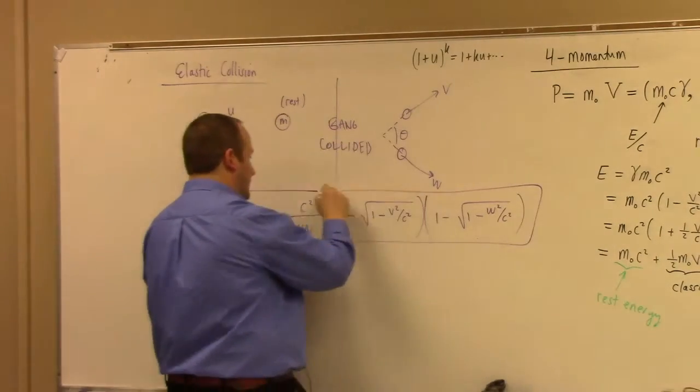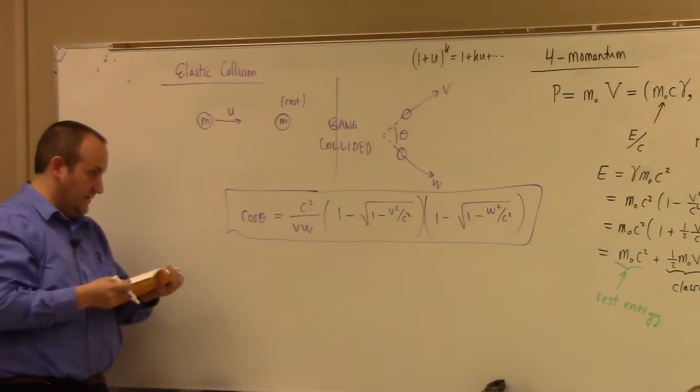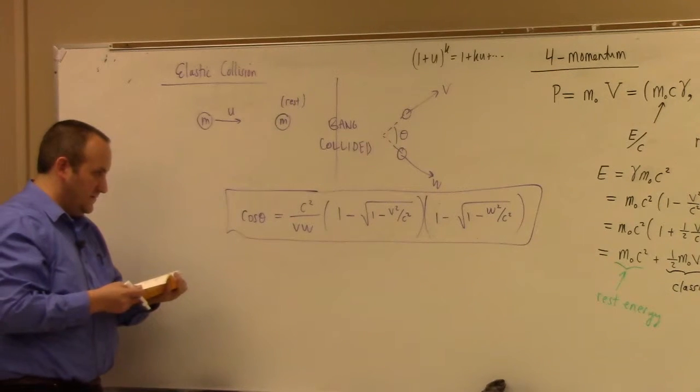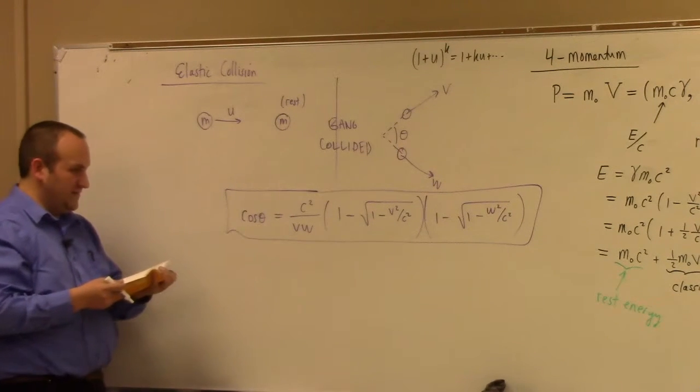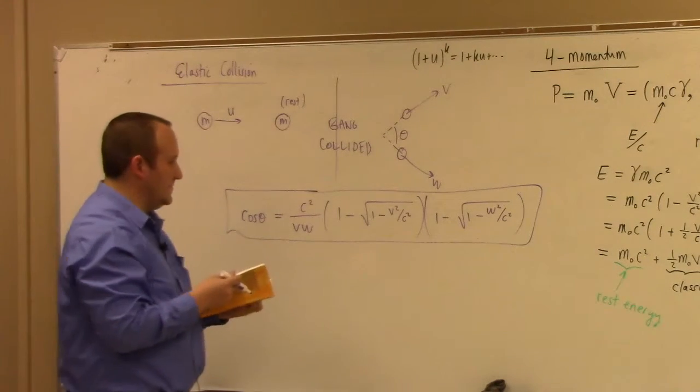So what happens is that if v and w are much, much smaller than c, what happens then?